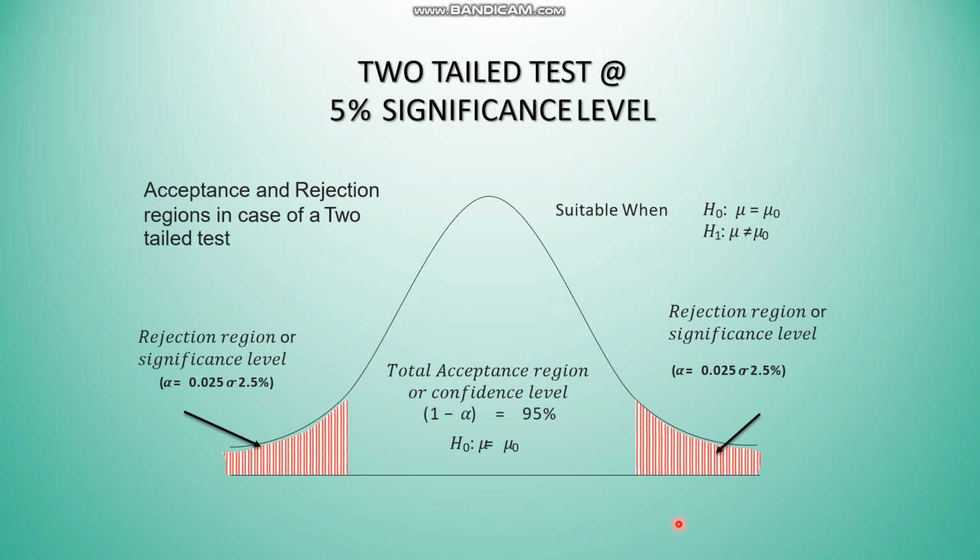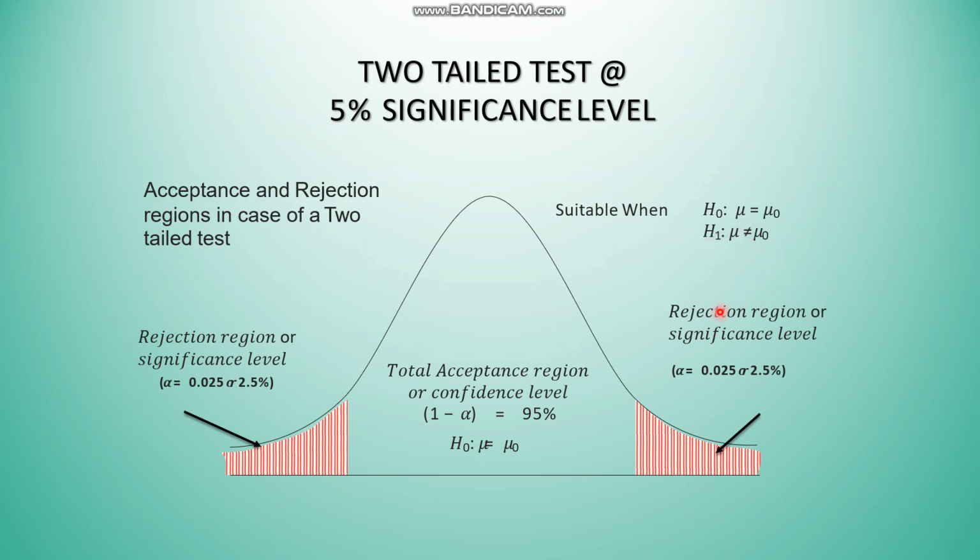Now this graph shows the two-tailed test at 5% level of significance. The acceptance and rejection regions in case of two-tailed test. If we are taking the null hypothesis as mu is equal to mu naught, the alternative becomes H1 such that mu not equal to mu naught. So this condition is known as two-tailed test.